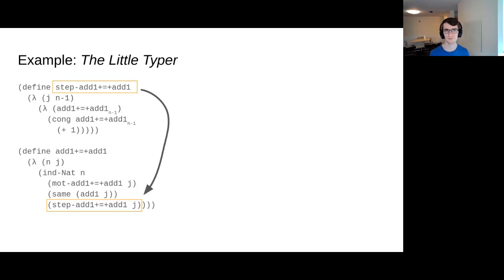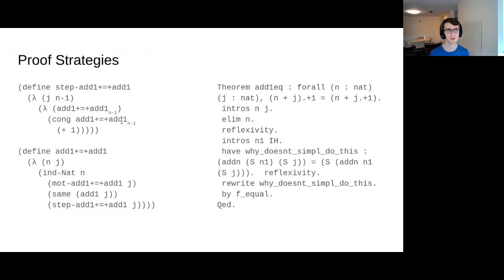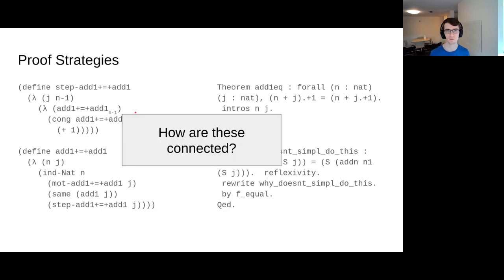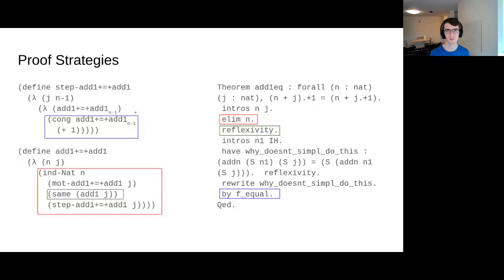When we put these two proof strategies side by side, it's hard to believe that they say the same thing. How are they connected to each other? How do you get from this tactic proof to this actual proof term? So we can see that there is a correspondence between each part of one proof and each part of the other proof.